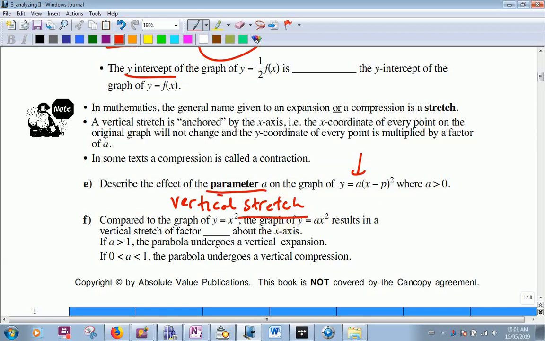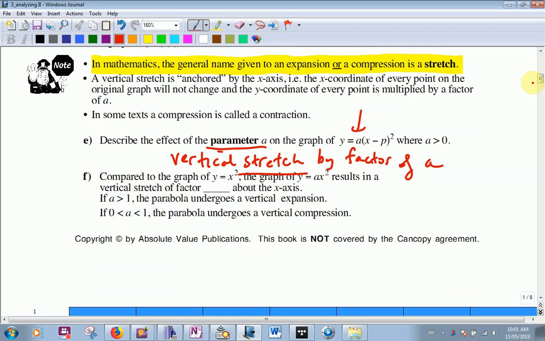I'm just the messenger. Okay? That's what we got. All right? Right here. In math, the general name given to an expansion or a compression is a stretch. It's a stretch by a factor of A. Okay?